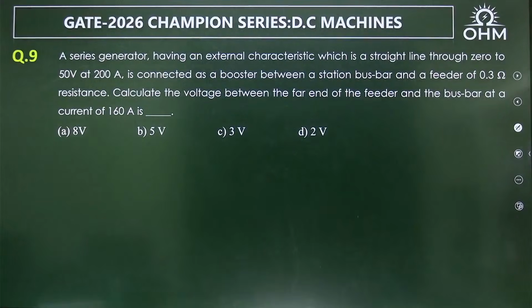Calculate the voltage between the far end of the feeder and the bus bar at a current of 160 ampere. This is indirectly the application of DC series generator.